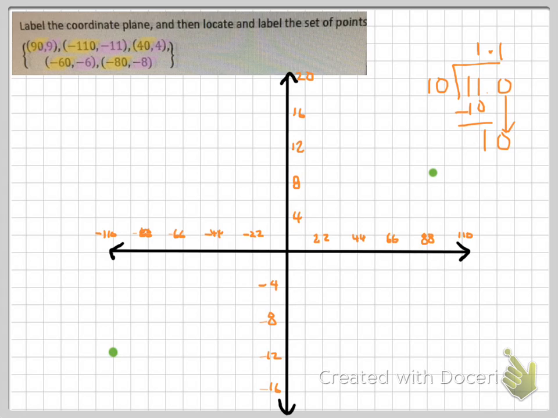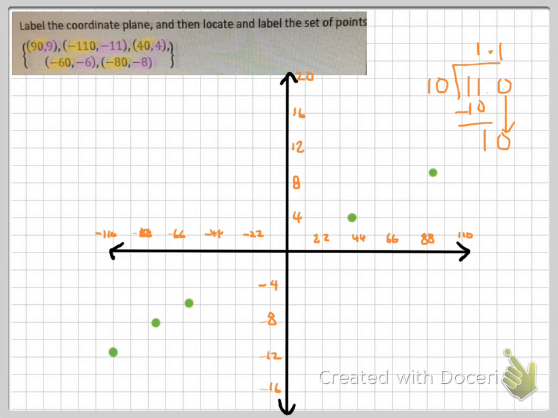Okay, 40 and 4. Right to 40, a little bit less than 44, up to 4. So about right there. Negative 60, negative 6. Negative 60, a little bit less than negative 66, and then down 6, which would be right there. And the last one, negative 80, is a left 80, a little bit less than 88, and down 8. So it's going to be about right there.